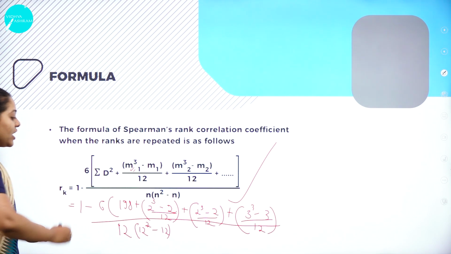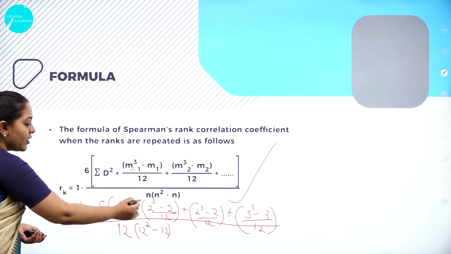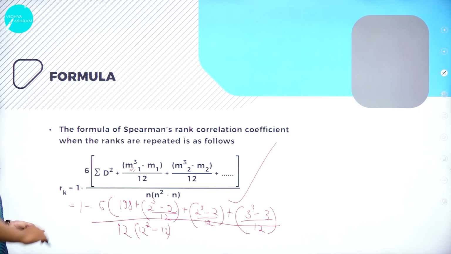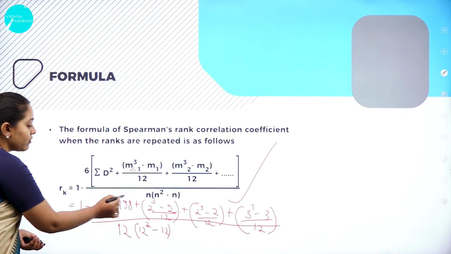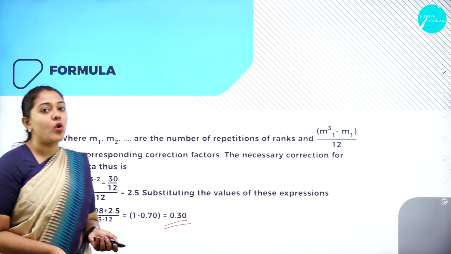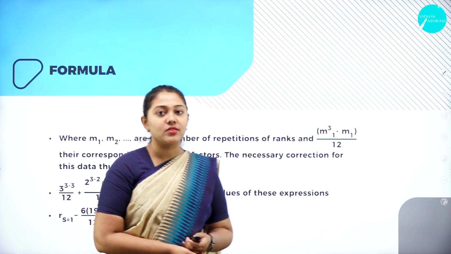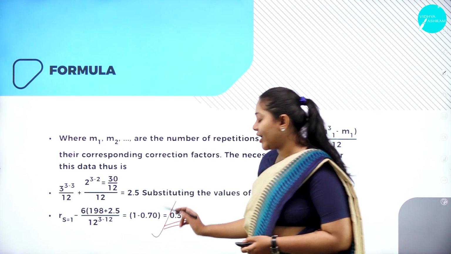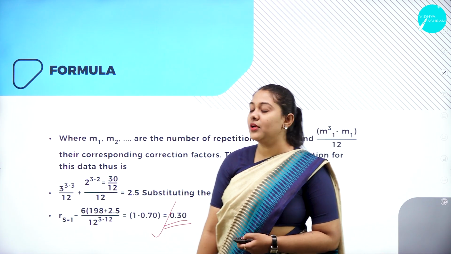Add all the answers, multiply with 6 and then divide with this value, and later subtract from 1. The answer you get is 0.30.